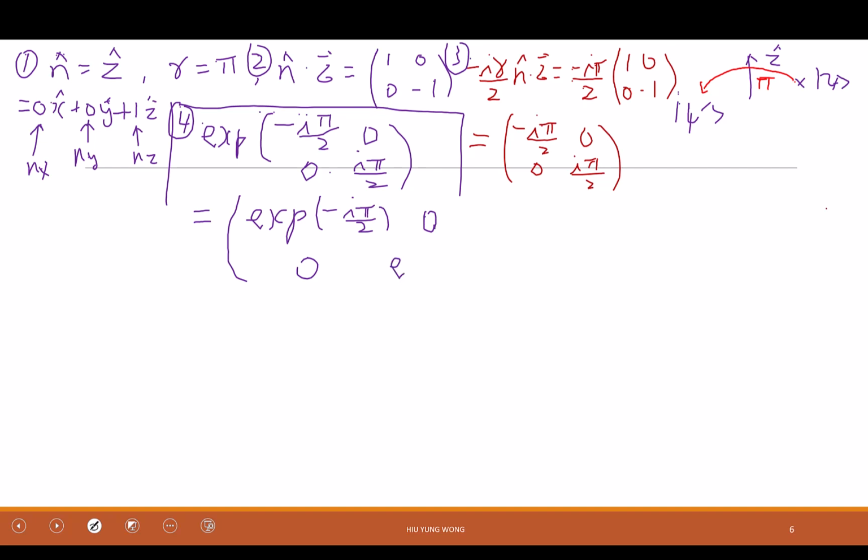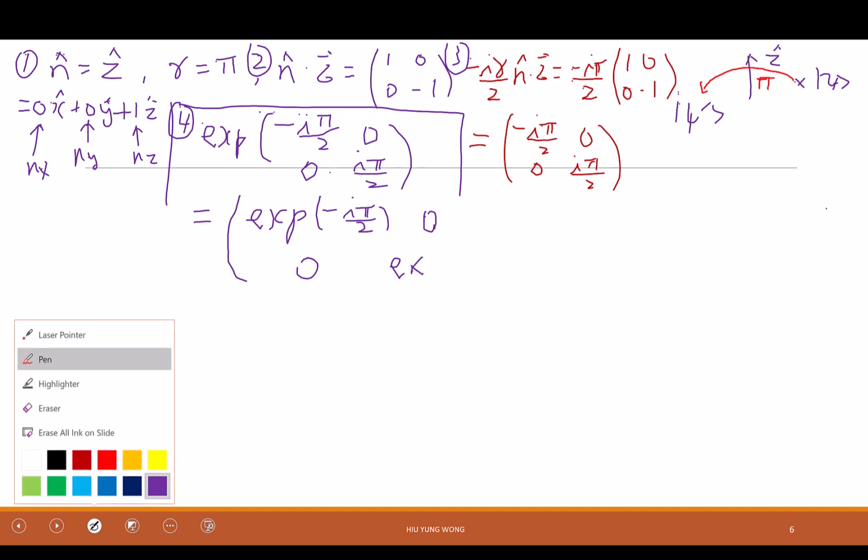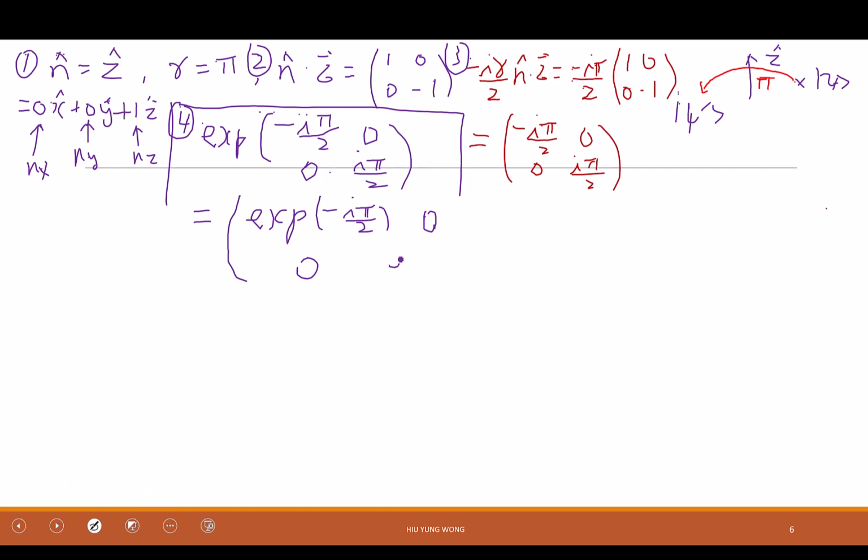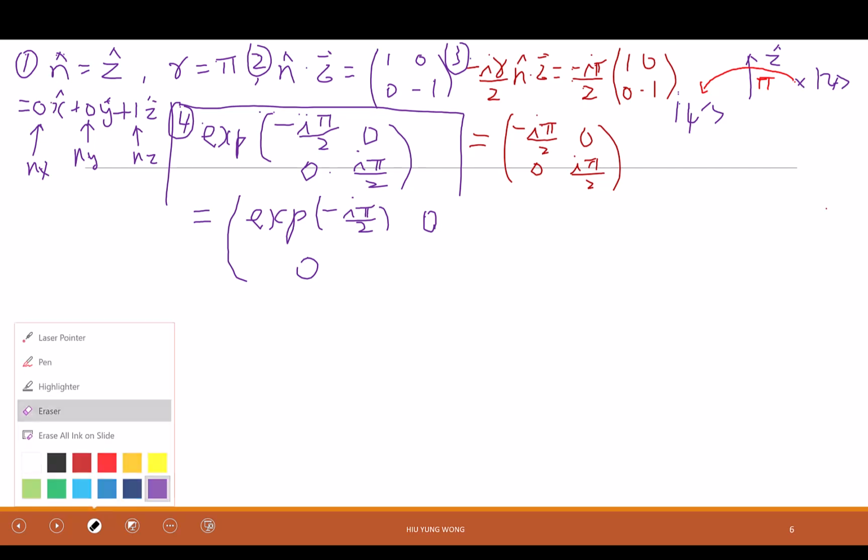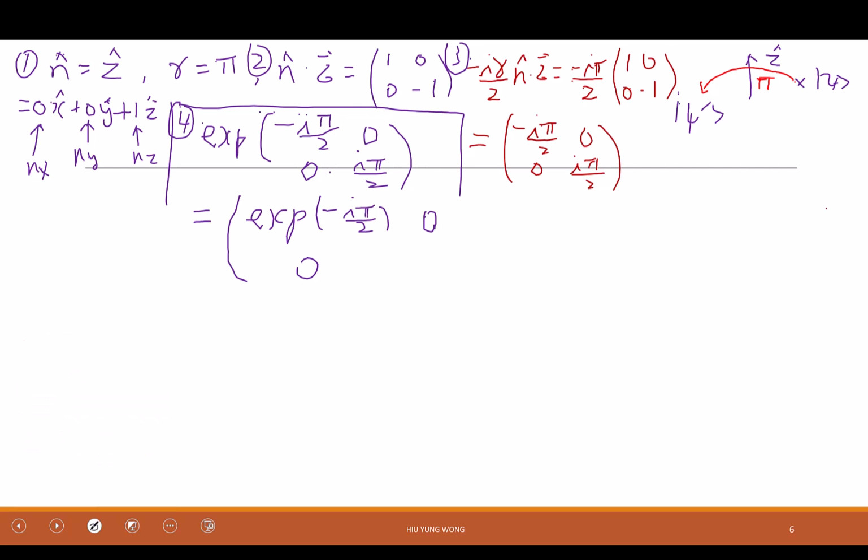I will prove to you later why I am allowed to do that. I don't know if I want to prove with my pen. Can I use my hand? My hand may be better. I pi divided by 2. Okay? What is exponential I pi divided by 2?